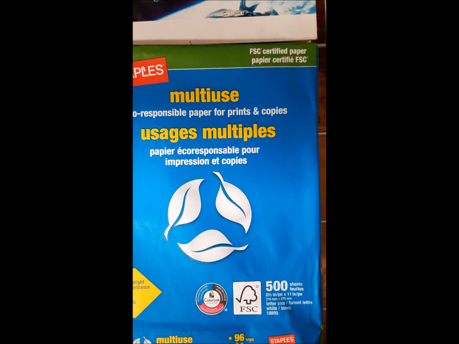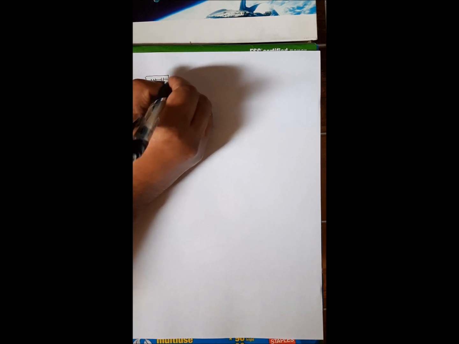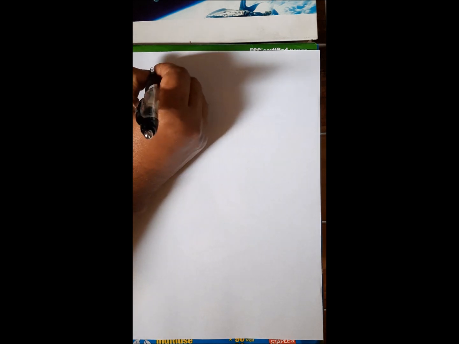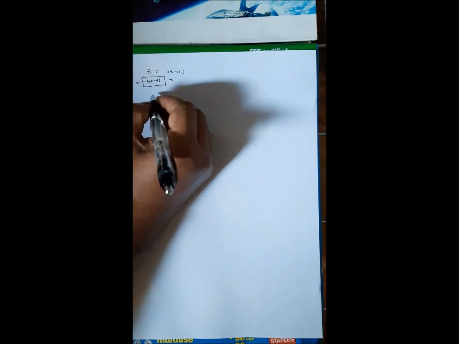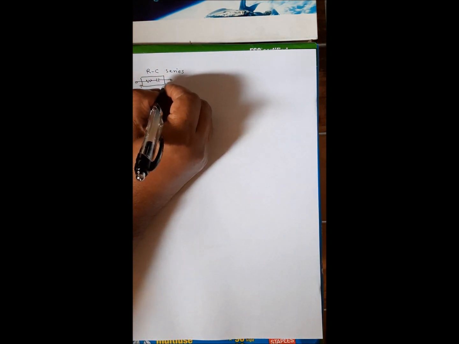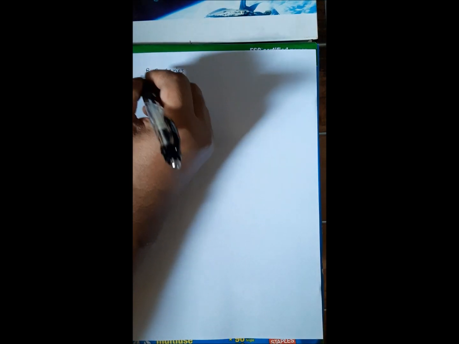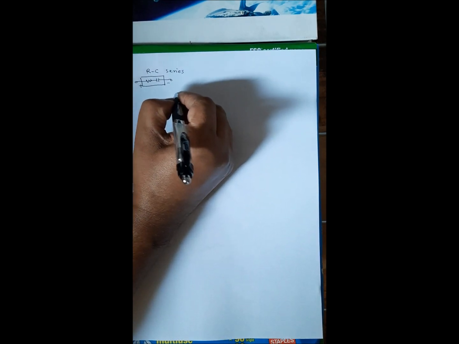So let us assume my black box has R and C in series. So how can we determine my circuit is an RC series circuit? To determine this, we measure the voltage across this black box and the current in this black box, and you can also find the impedance.